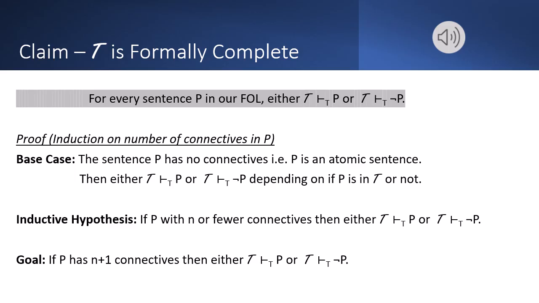In other words, if you have n or fewer connectives, then there's either a proof of that sentence or a proof of its negation from this set of assumptions, T. And our goal will be to show that if P has one more connective, in other words, n plus 1 connectives, then there is either a proof of the sentence or a proof of its negation from this expanded set script T. And if we're able to do that, then we will have concluded that this set of sentences, script T, is formally complete.